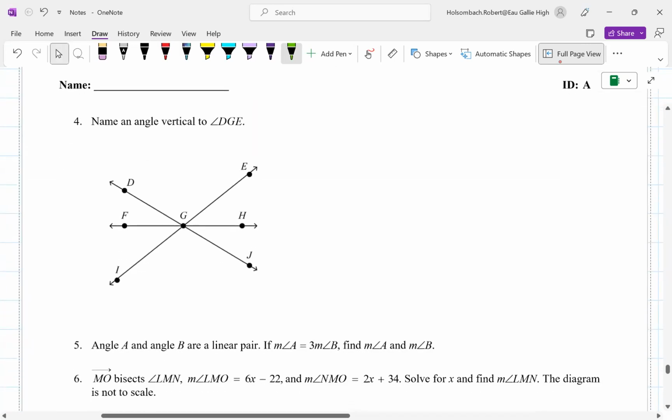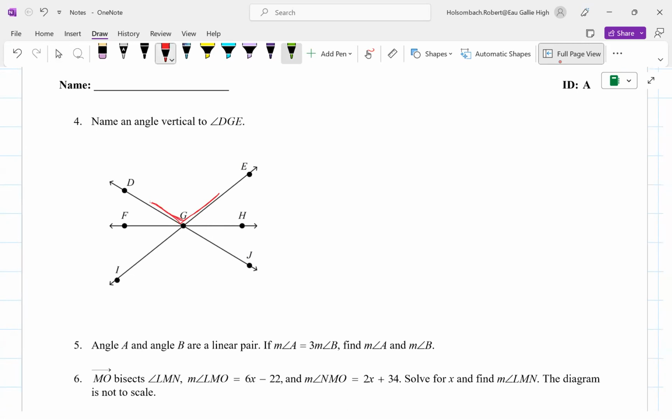Number 4 asks you to name an angle vertical to DGE. DGE is right here. All right. Vertical angles are opposite of each other. They're formed by the same two lines. So if I call this line L and this line M, where L and M intersect at G, forms these two angles right here.